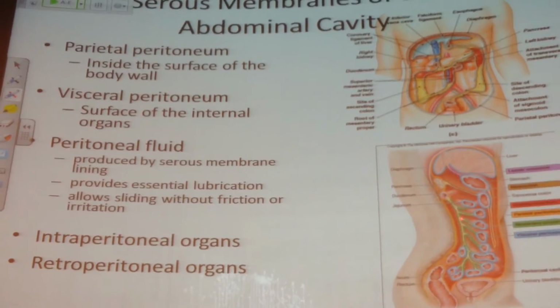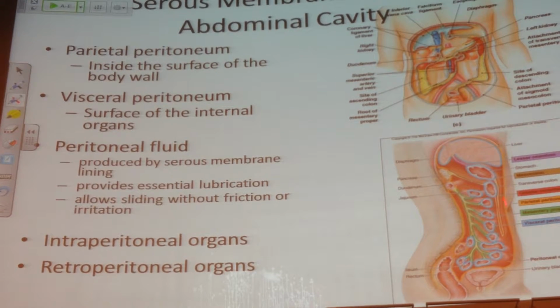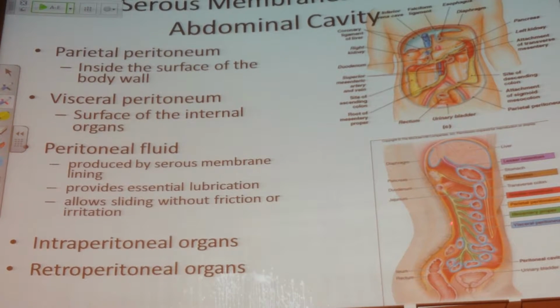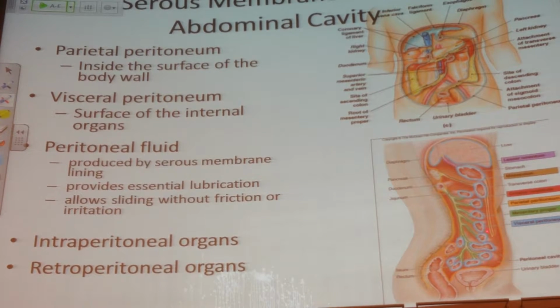Okay. So an organ that is lying inside of your parietal peritoneum is called an intraperitoneal organ. You can see all these blue lines, most of them are on the inside, the intraperitoneal organs, including the stomach, the small intestine, and large intestine.